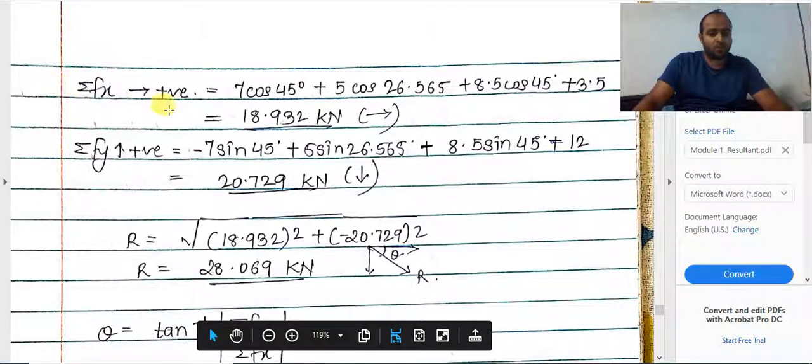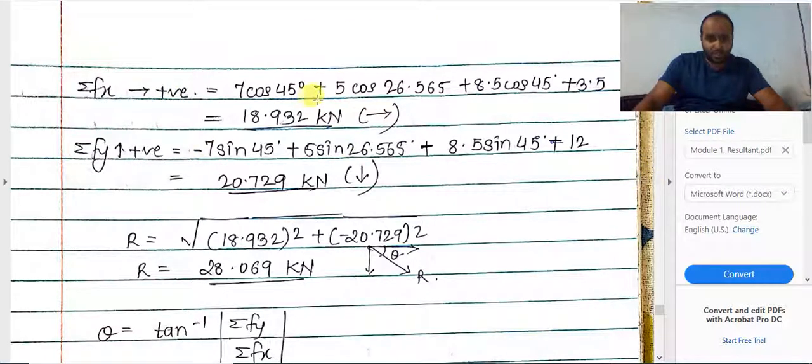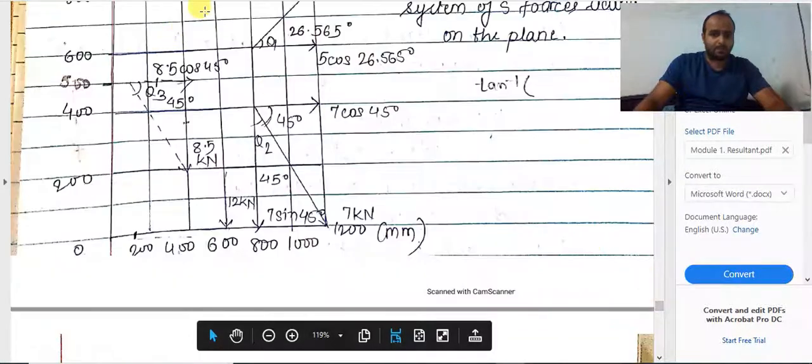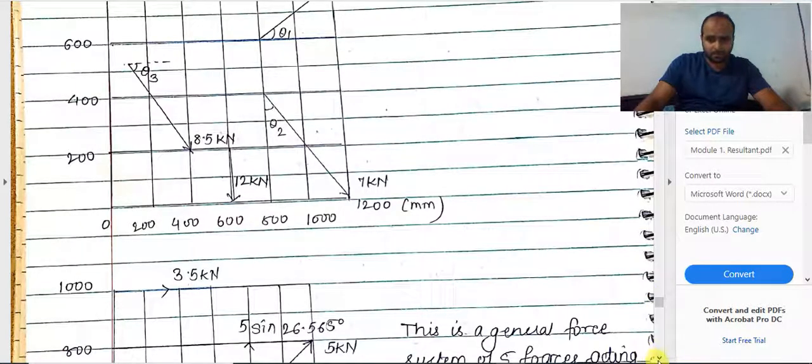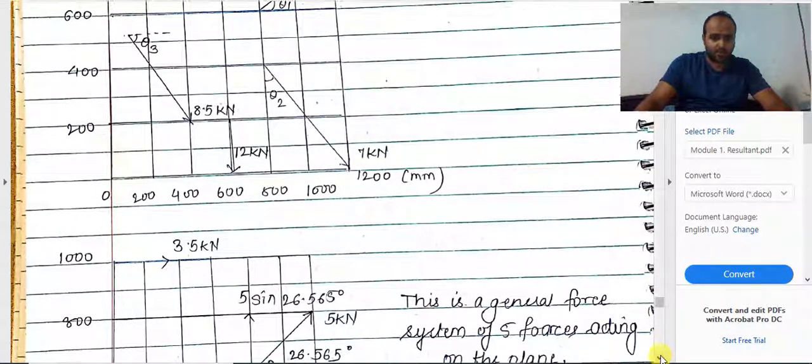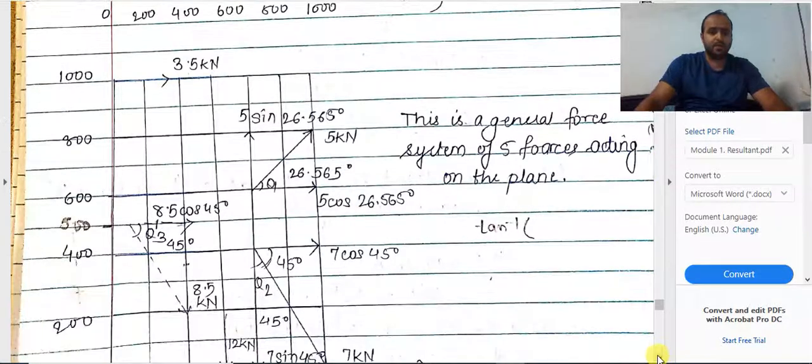Algebraic sum of all the forces acting towards right as positive. This is the formulation of it, summation of Fx. Now let us see how it has come. If I write summation Fx, let's go to the FBD and try to get the equation.